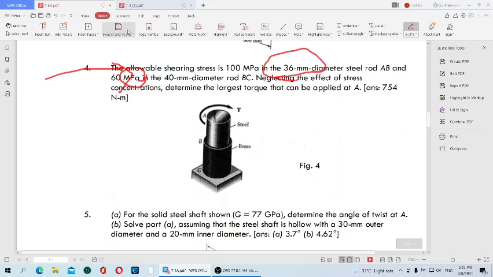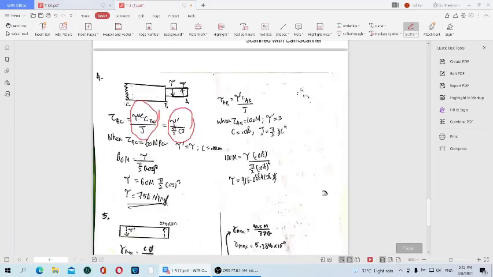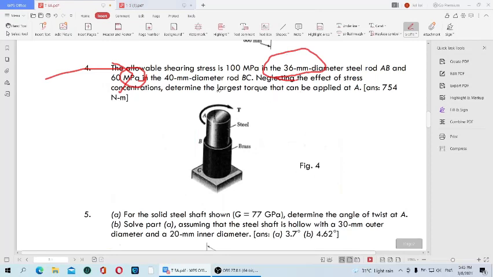That is for the first cross section, which is CB. For the second value of torque, at point AB, you do the same exact thing. You will have an allowable shearing stress different from BC, which is 100 megapascal from the question, in the 36 millimeter diameter steel rod AB.